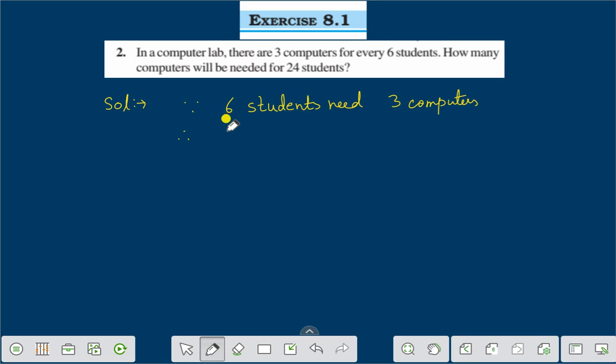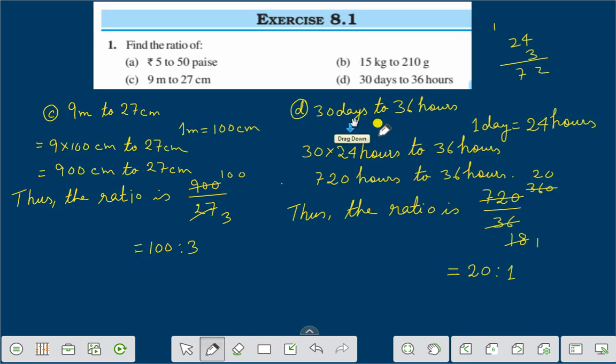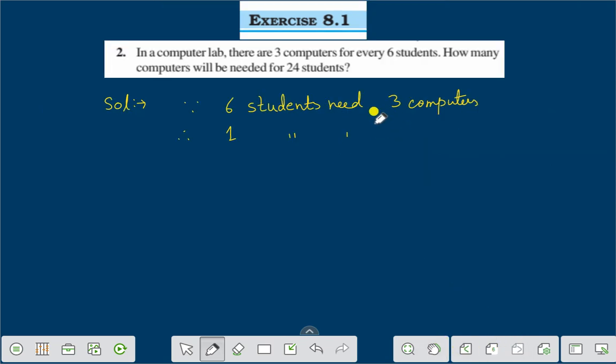Therefore one student needs 3 by 6 computers.